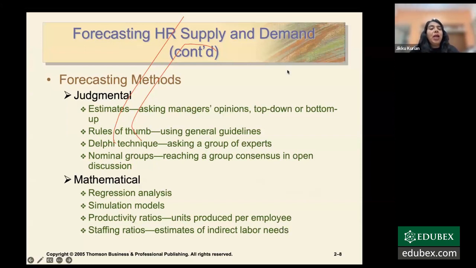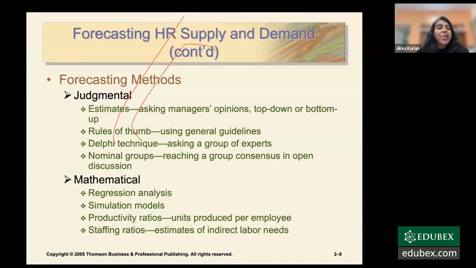Now, we have mathematical methods. We can also call it effective use of existing data: regression analysis, simulation models, productivity ratio, and staffing ratio. Regression analysis is when you use the past data to predict the future. Simulation models are where we create anticipated situations.